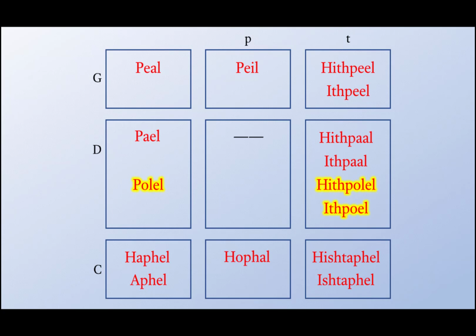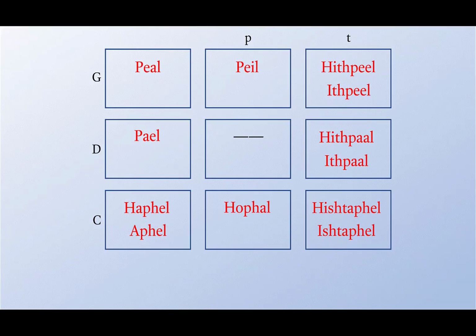That was when there was a vav or a yod in the middle. So when a hollow verb in Biblical Aramaic requires a D-stem verb, it's going to be polel or hitpolel. And then the itpoel variant just has to do with a geminate verb root that appears with an aleph prefix instead of a hey prefix. Okay?